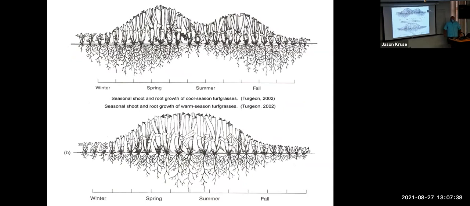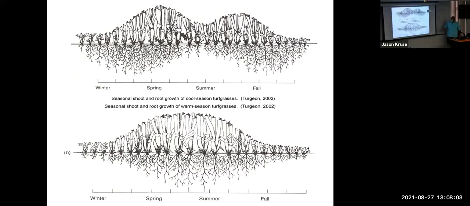At the top here are cool season grasses, going from late fall into winter, and then into spring, summer, fall, and then back into early winter.